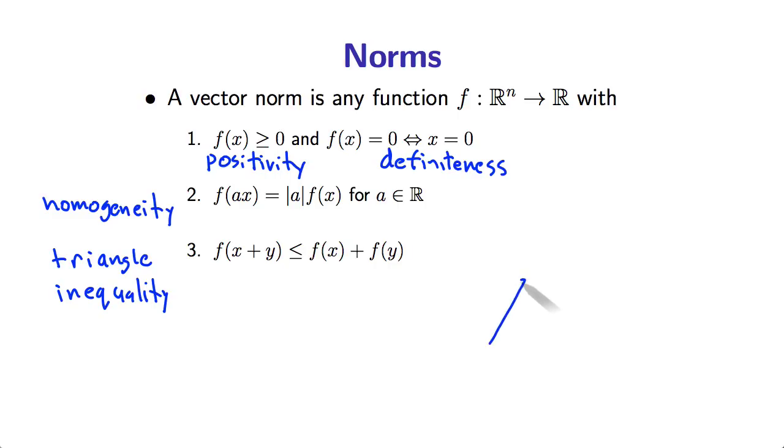So if x and y are two vectors, say in 2 dimensions, so we can draw them both as arrows, and say this is x, and if this vector here is y, then x plus y would be this vector here.